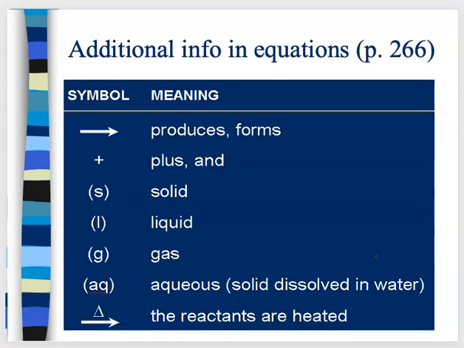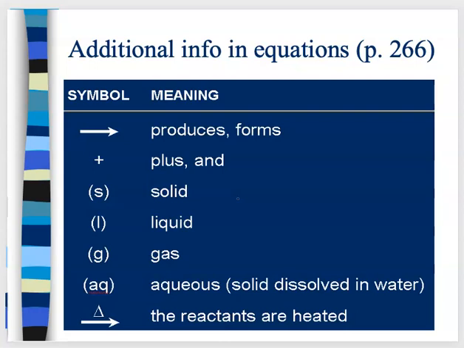All right, so there's some additional information in equations beyond what you see as a chemical formula. So we discussed the arrow and the plus sign. Frequently, letters will appear in parentheses after a substance. So this (s), (l), (g), and (aq) stand for solid, liquid, gas, and aq is something we haven't looked at before. It is what happens when you dissolve a solid compound in water.